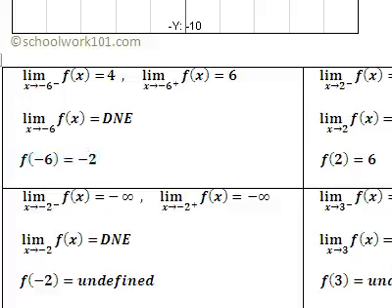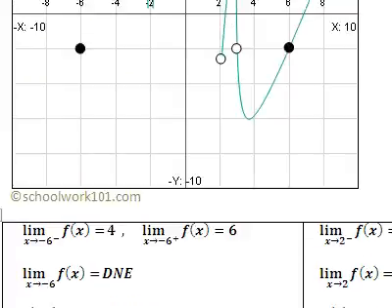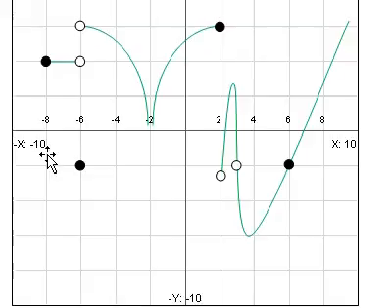Now let's go back up here and look at our graph. We were looking at -6. We took the limit coming in from the left hand side at -6, and as we can see here, it is going to end up being 4. Coming in from the right hand side at -6, the limit is 6.